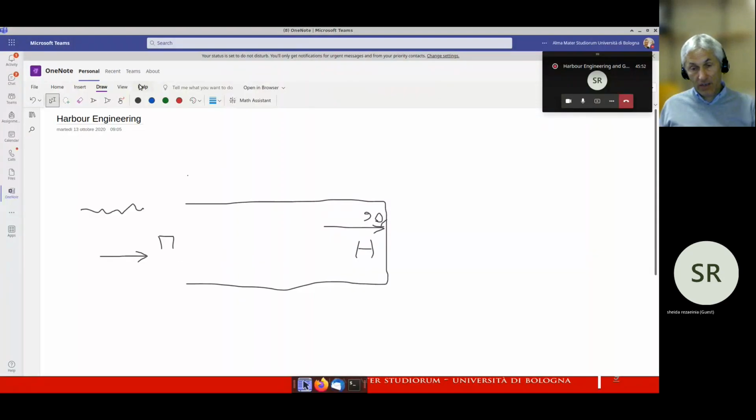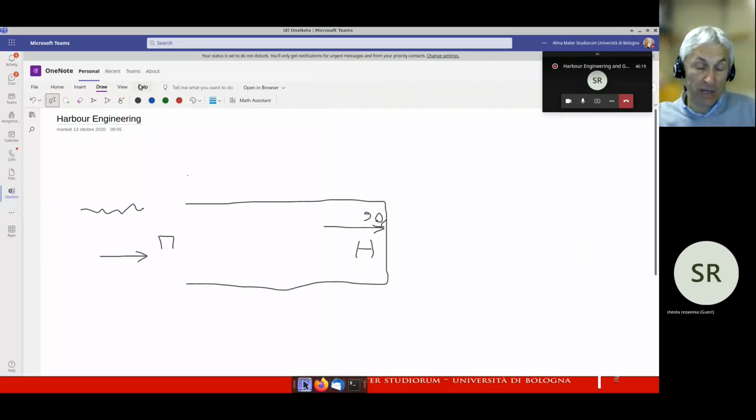So in this scheme, there is the direction from the top of the screen to the bottom of the screen with no change, but there is the other horizontal direction, from the left of the screen to the right of the screen, where we have change. There is also another direction in space, the direction that comes out from the screen, where we have a change, because the wave goes up and down along that direction.